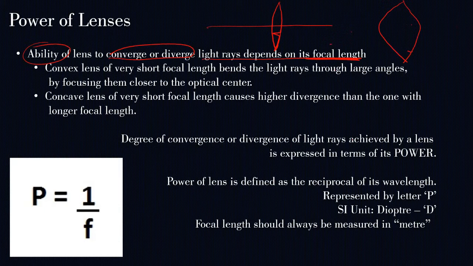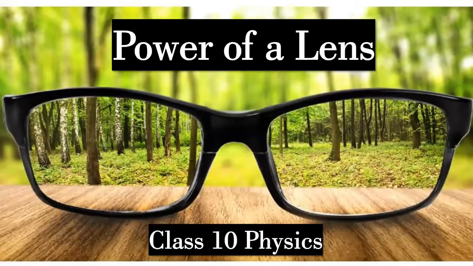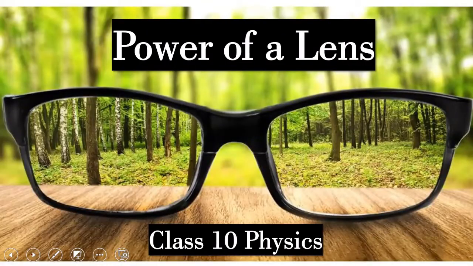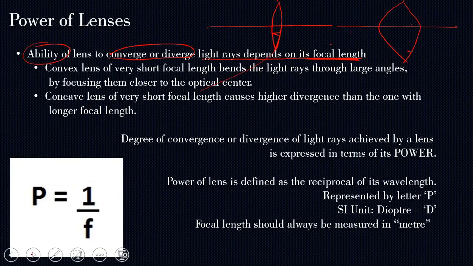This is also a principal axis. So we know both lenses, whether convex or concave, are made up of spherical surfaces, right? So if this particular lens is made up of a spherical surface, that means if I extend these spherical surfaces, my center of curvature is going to come somewhere over here, right?